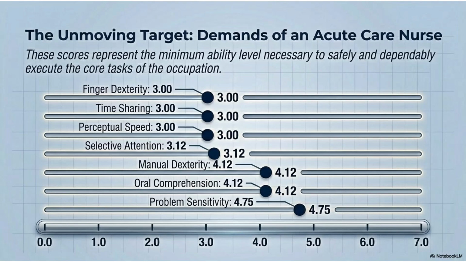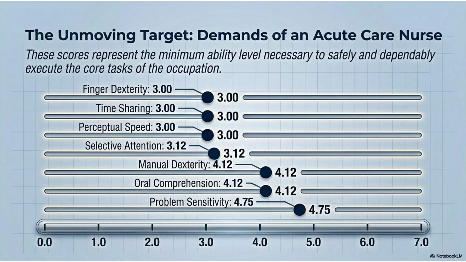In our clinical practices or in a forensic rehabilitation practice, we would address other ONET abilities of concern using a combination of standardized tests, work simulations, and review of evaluation reports from our colleagues in neuropsychology, speech pathology, physical therapy, or vocational evaluation. According to ONET, Joanna's job demands a 4.12 bar scale score in manual dexterity, a 4.12 in oral comprehension, and a very high 4.75 in problem sensitivity.